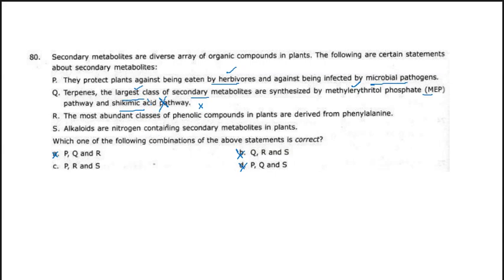The most abundant classes of phenolic compounds in plants are derived from phenylalanine. Now R seems correct. S: Alkaloids are nitrogen containing secondary metabolites in plants. Yes, correct. So P, R and S are the correct answer.